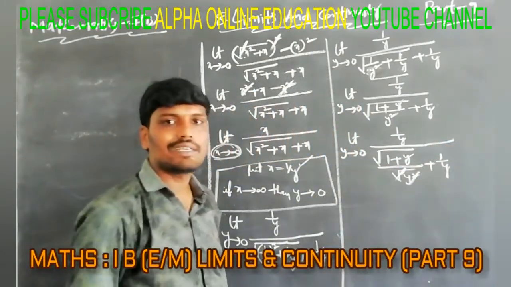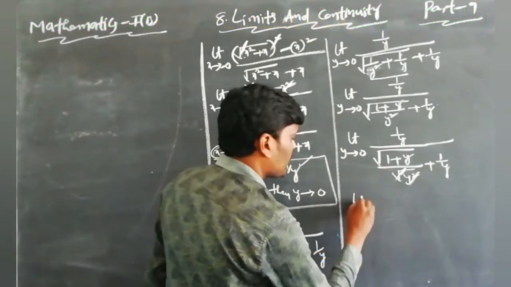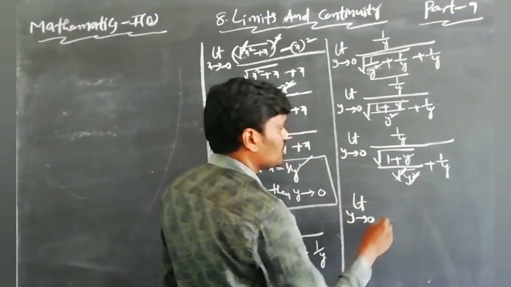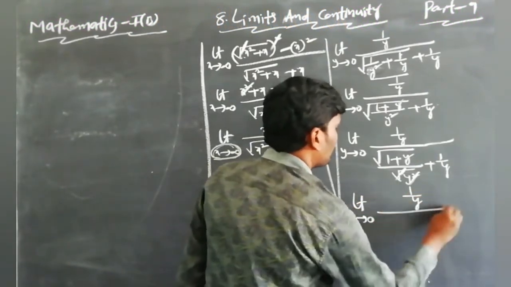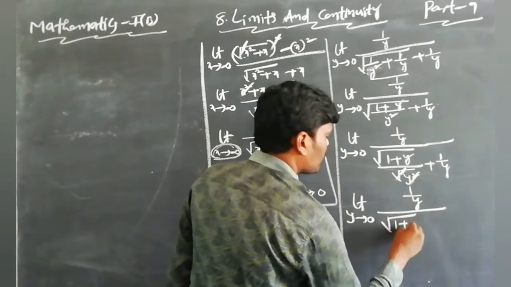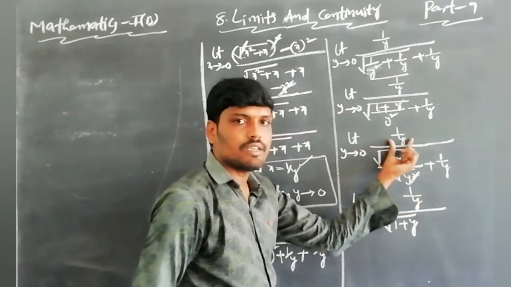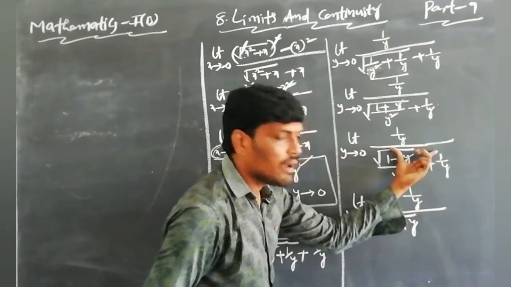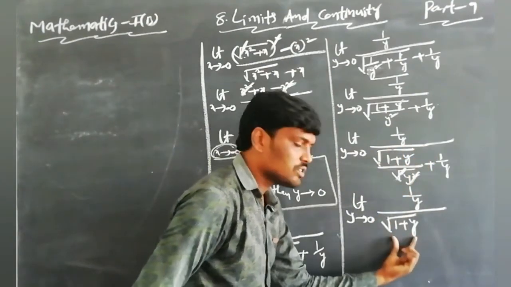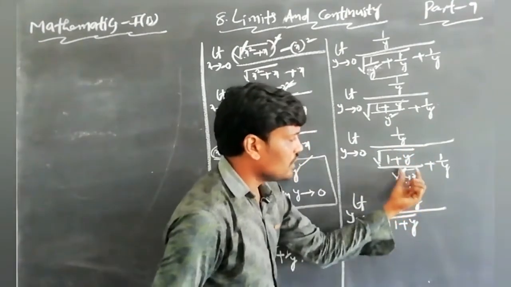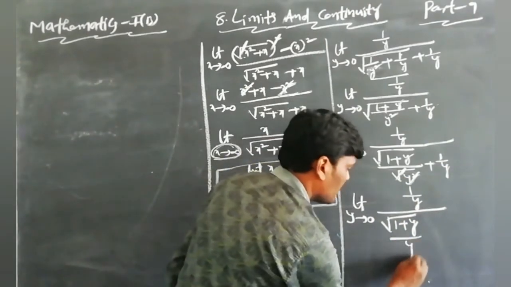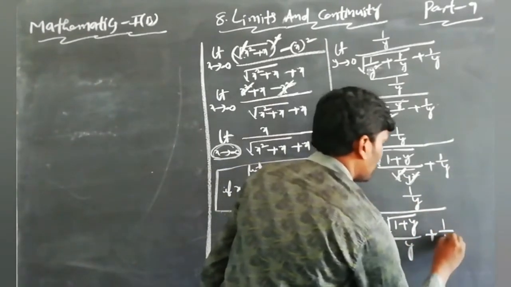The square root gets cancelled. Here limit y tends to 0 of 1 by y, square root of 1 plus y over y, all by square root of 1 plus y, square root of 1 plus y. Here the square root gets cancelled. You get y plus 1 by y.